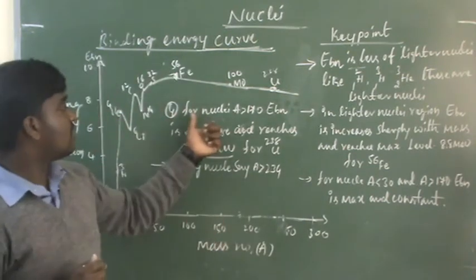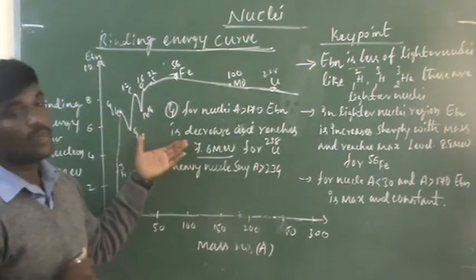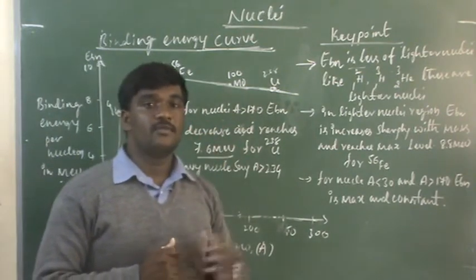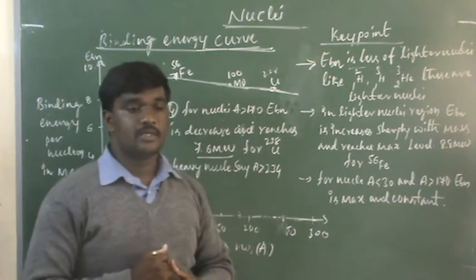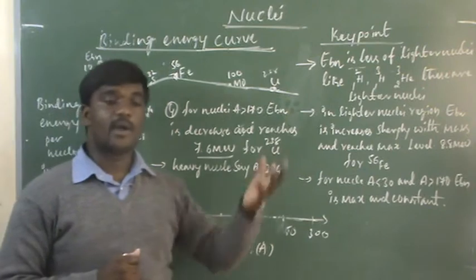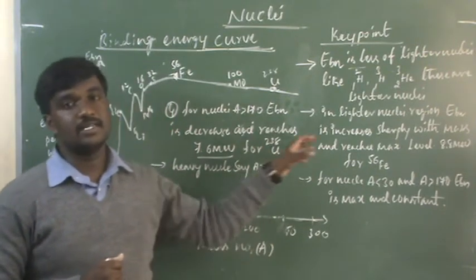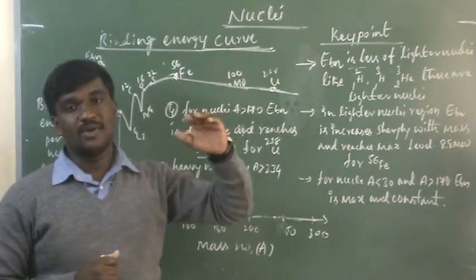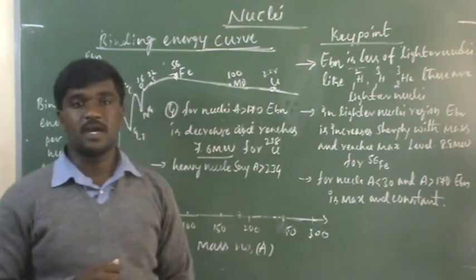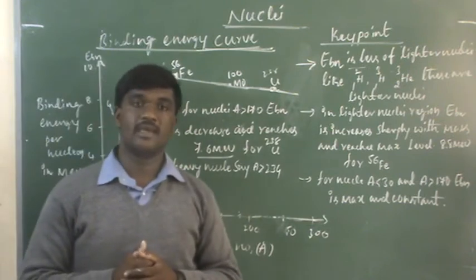So next point, for nuclei with mass number greater than 170, binding energy decreases and reaches 7.6 for uranium 238. So when a nucleus has mass number above 170, binding energy per nucleon decreases from the maximum level of 8.8 mega electron volts. It decreases to 7.6 mega electron volts for uranium 238.